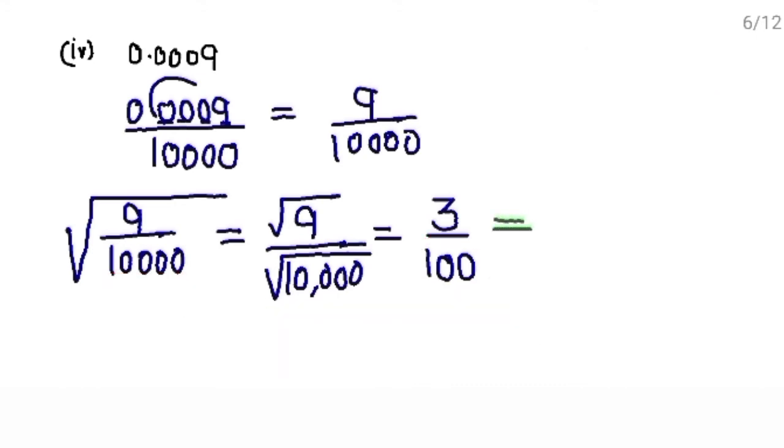Now students, always try to write the answer in the form in which the question is given. The question is given in decimal form, in decimal numbers. So try to write your answer in decimal numbers. In the denominator you have 2 zeros. It means you will put the decimal before 2 digits.